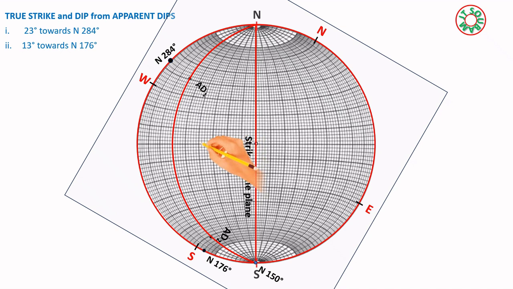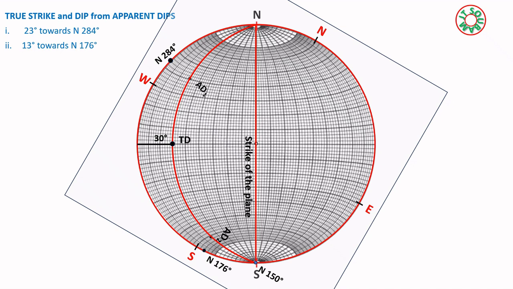This marked point is the true dip point of the plane and is labeled as TD. Measure this angle inward along the east-west line from the west cardinal point. The value is 30 degrees. So, the true dip is 30 degrees.